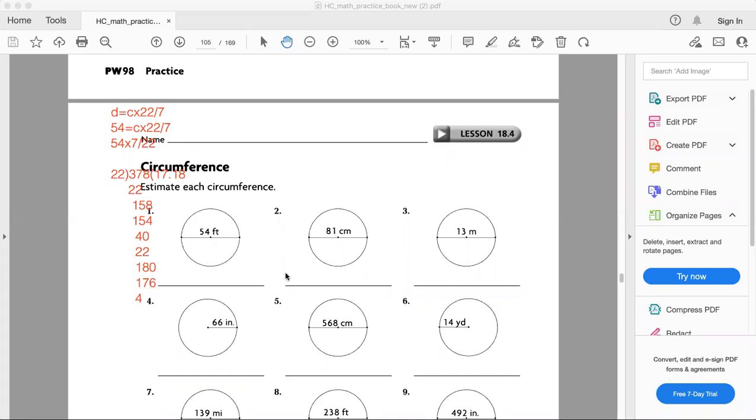Do number 1, Devanshu. Tuhin, just tell me the answer of number 2, beta. Ma'am, 3 multiplied by 81 is 243.